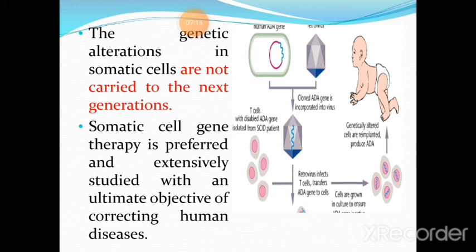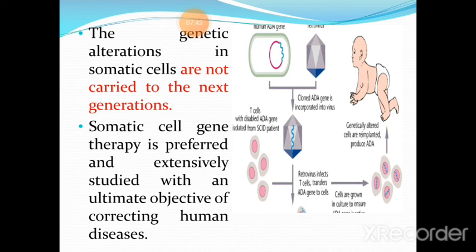So these cells which have incorporated normal ADA gene into them by means of retroviral infection can be grown in a culture, and these cells can be given to a human being. So genetically altered cells are reimplanted in the human beings to produce ADA.